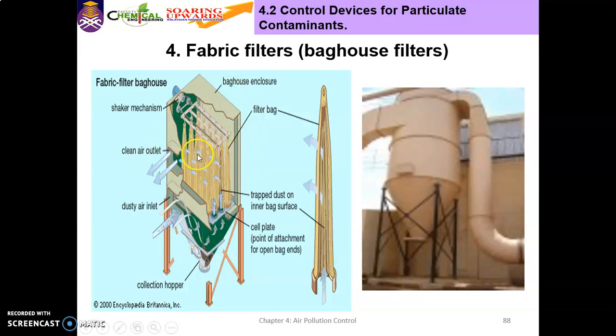And then clean air outlet will be out. If you look at one single fabric, this is how it looks. Dirty gas comes in at the bottom, the fabric is used as a filter, so the contaminant particulate will be stuck inside the fabric, and clean gas will be out.